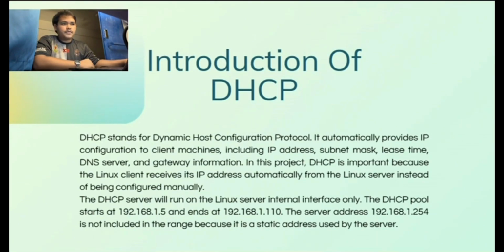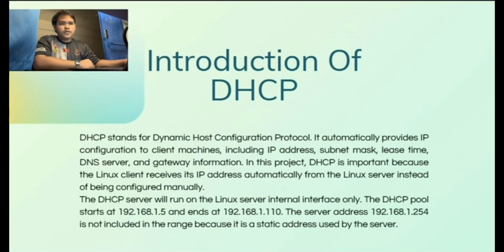In this project, DHCP is important because the Linux client receives its IP address automatically from the Linux server instead of being configured manually. The DHCP server will run on the Linux server internal interface only.